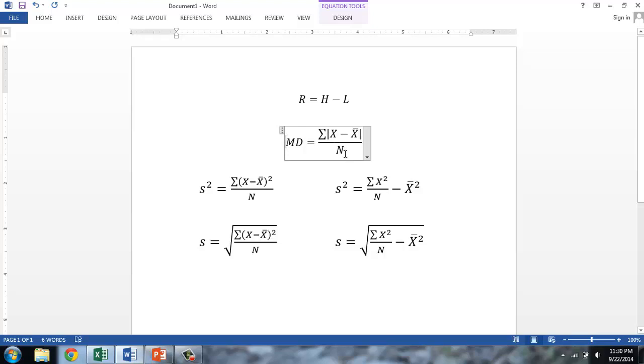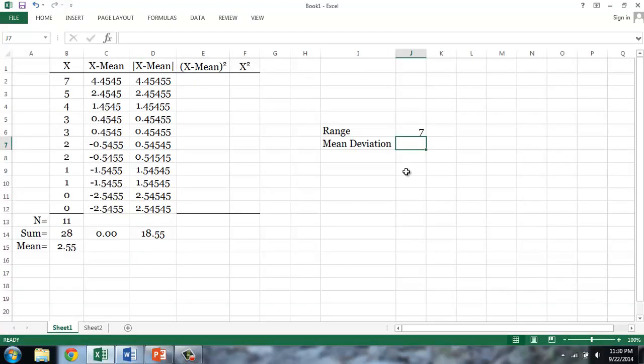The final step is to divide by our sample size, which is equals our sum of our absolute value deviations divided by our n, in this case 11. This tells us that each score is an average of 1.69 units away from the mean.